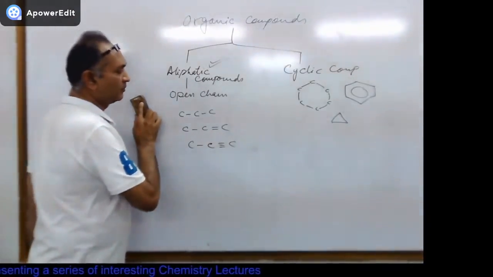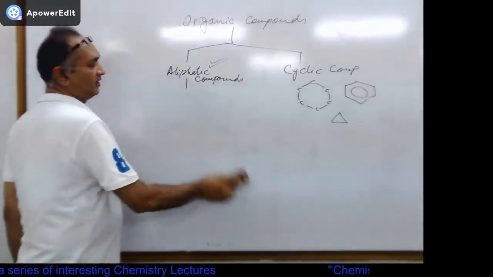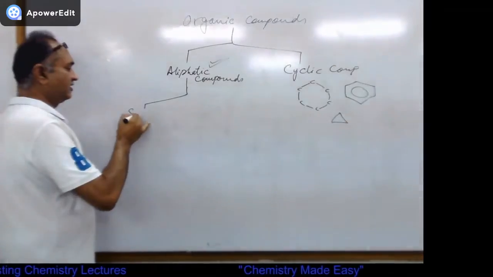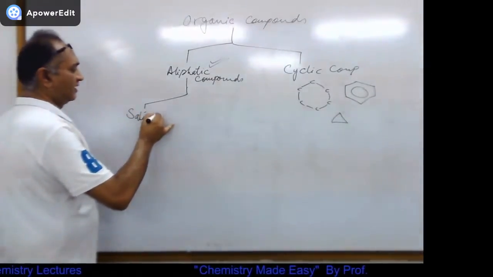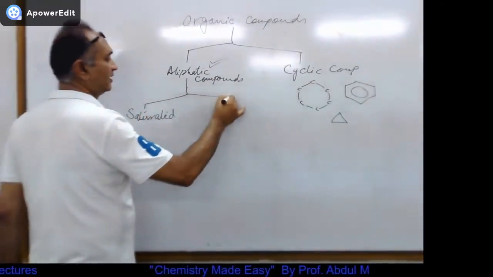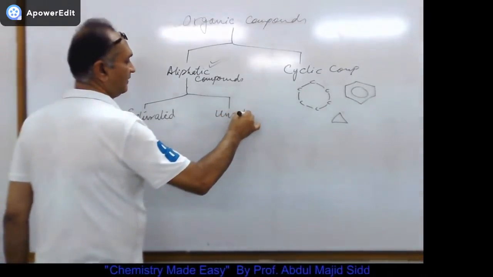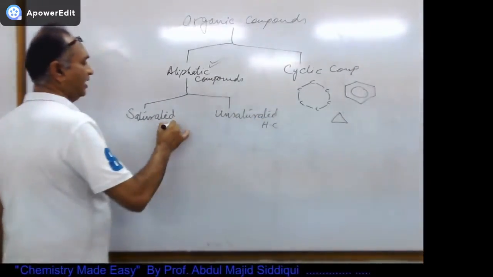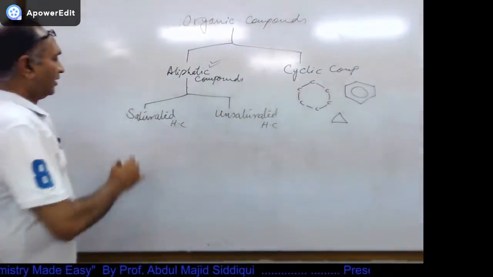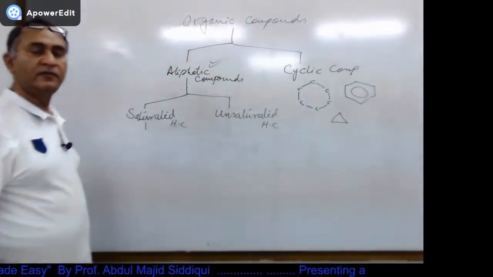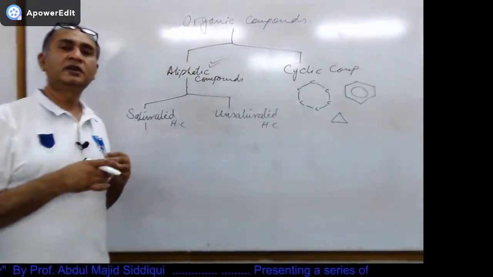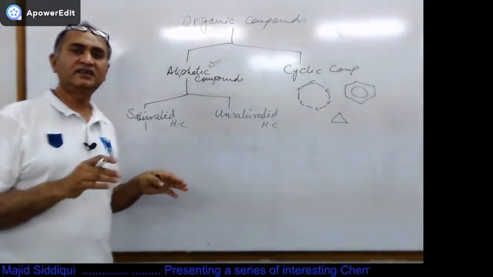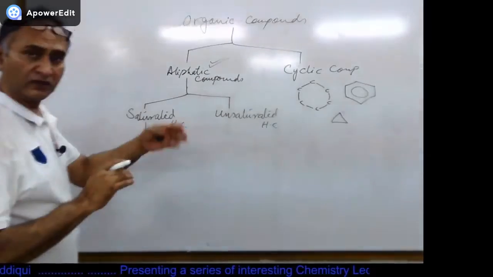These aliphatic open chain compounds can be divided into 2 categories: saturated and unsaturated hydrocarbons. Saturated means these are the compounds in which carbon has satisfied valency. All 4 of its valencies are occupied, as you will see afterwards.